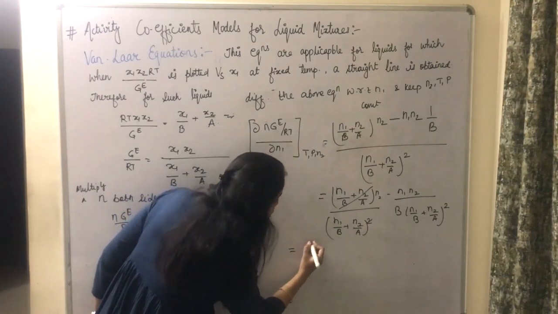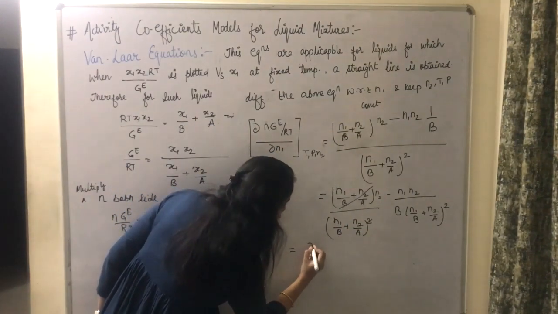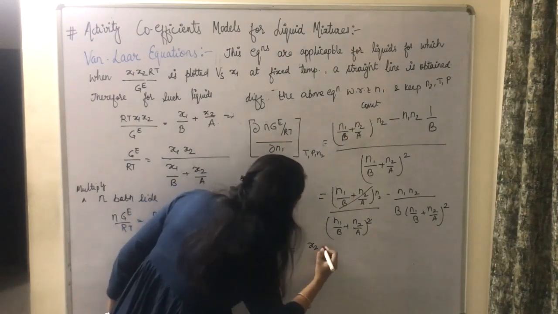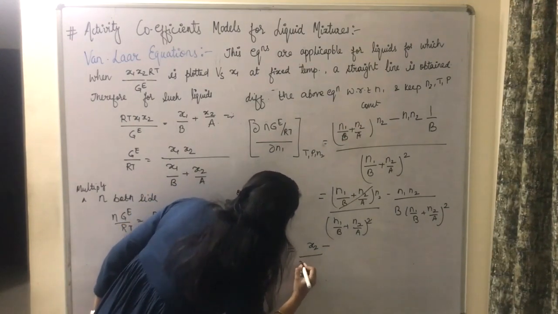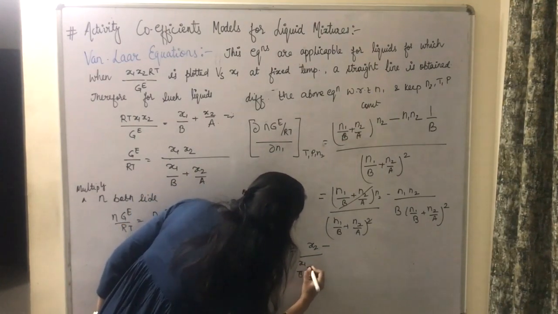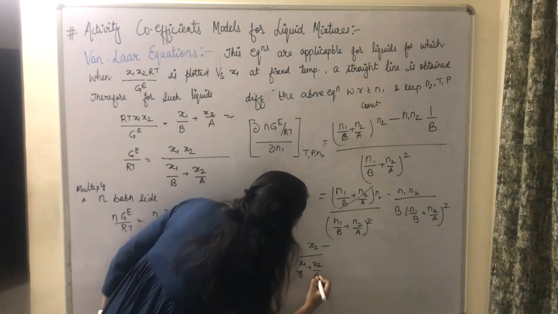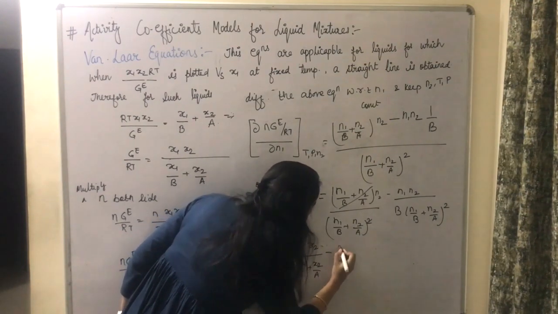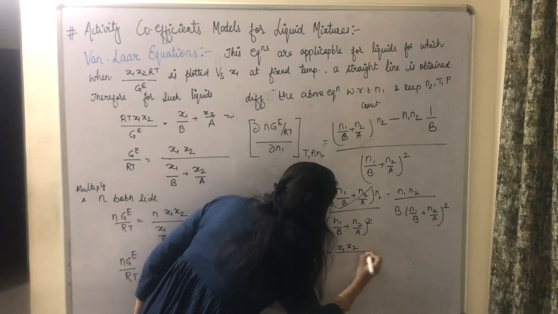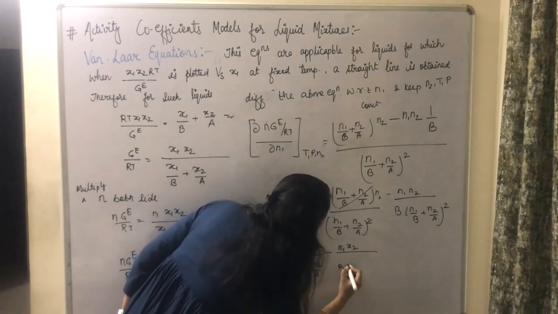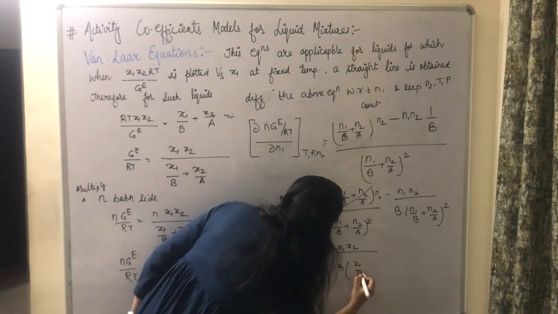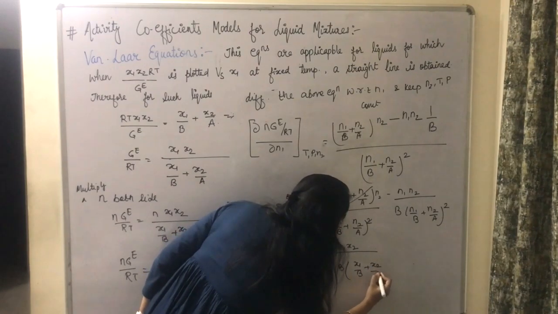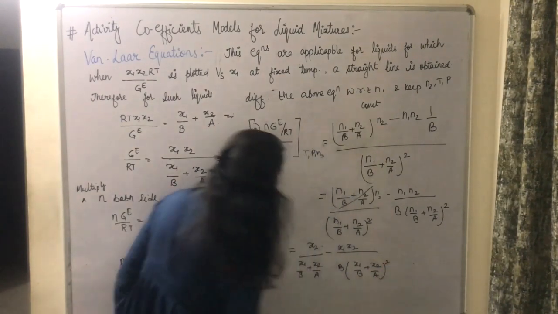So directly substitute this. In place of n2 you can write x2 minus, here it is x1 upon b plus x2 upon a, then minus x1 x2 b, (x1 upon b plus x2 upon a) whole square.